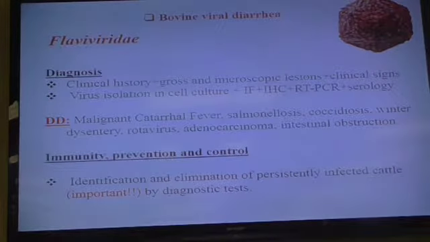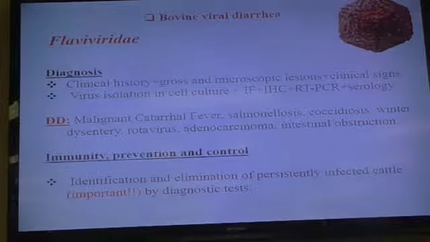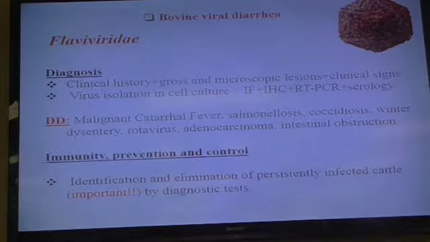In comparison, in the case of diarrheal diseases, you have salmonellosis, coccidiosis, and winter dysentery that I explained earlier. Rotavirus infection also causes diarrhea.